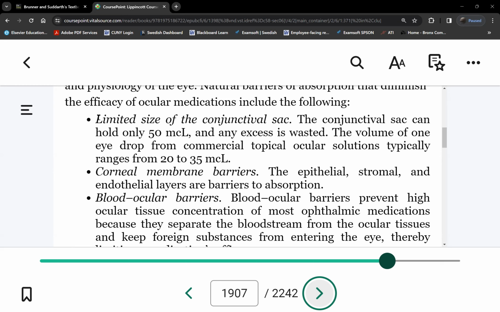It can only hold 50 microliters. So therefore, if you administer more than one eye drop, each drop is about 20 to 35 microliters. So therefore, if you apply more than one drop at a time, what will happen to the second drop? It will just wash out. It will just drain out of the conjunctival sac, because the sac can only hold how much? 50 microliters maximum.